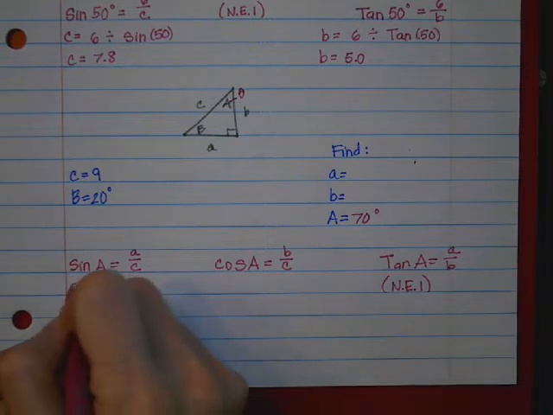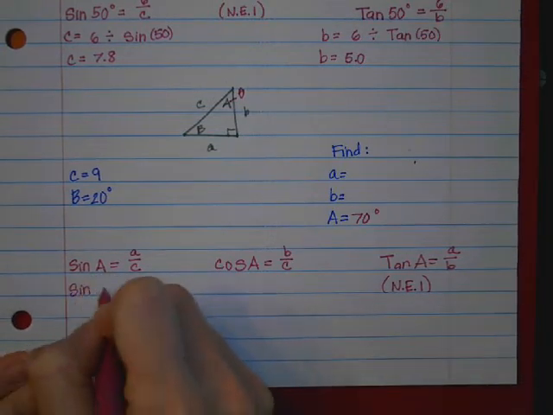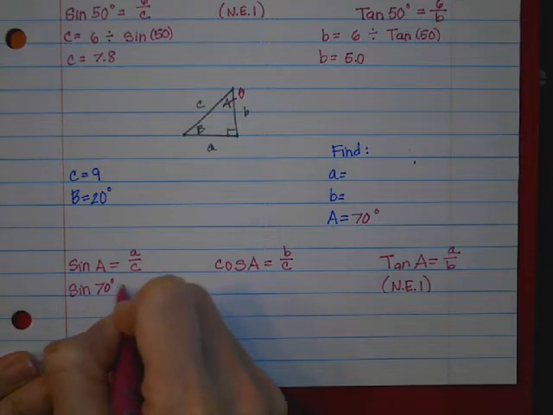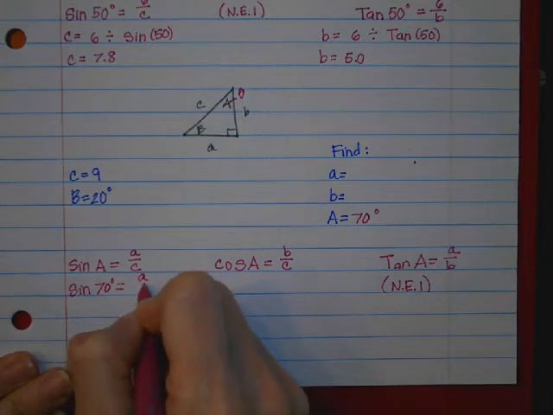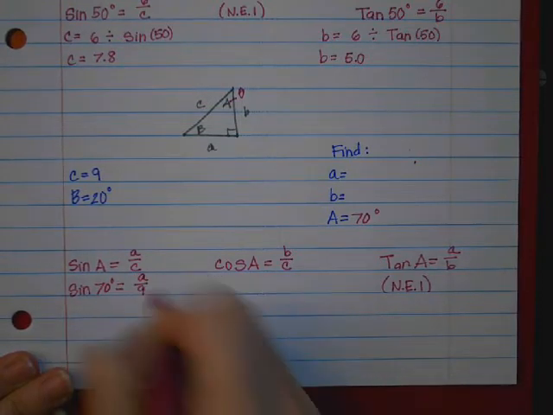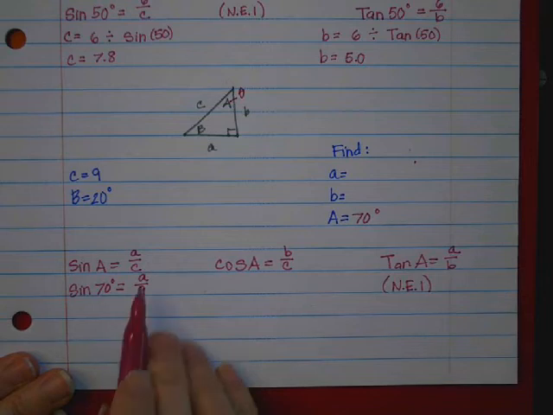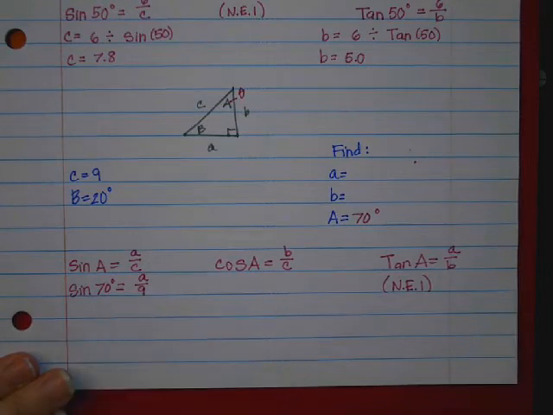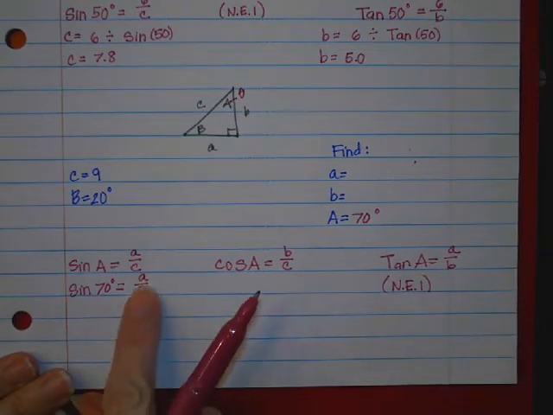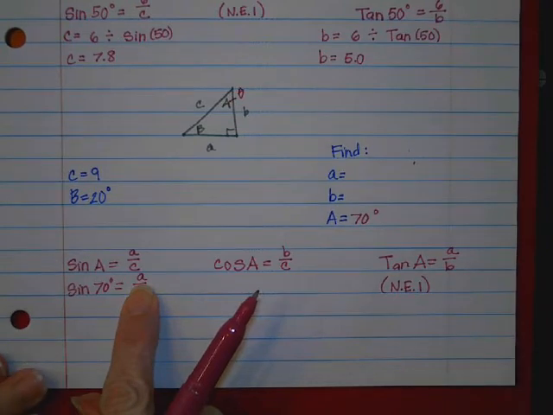So big A is 70 degrees. Little a I do not know, but little c is 9. Now, Zach, is my variable located in the numerator or the denominator? That's correct. The variable is located in the numerator. So, Seth, if it's in the numerator, what must I do? Correct. Multiply.